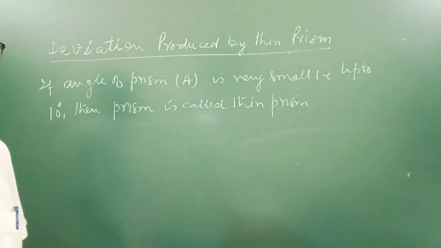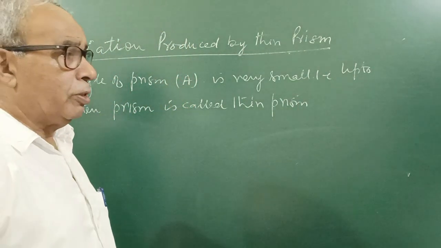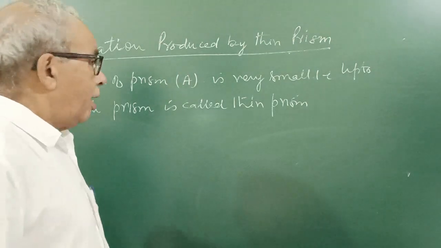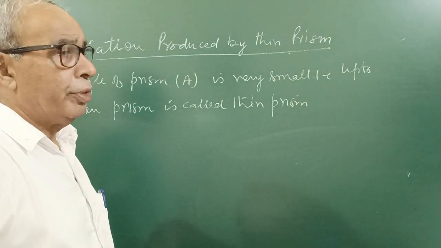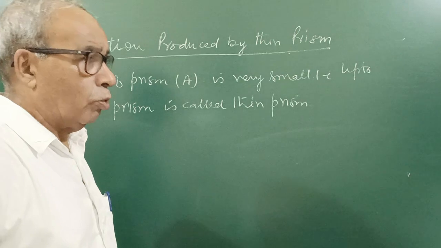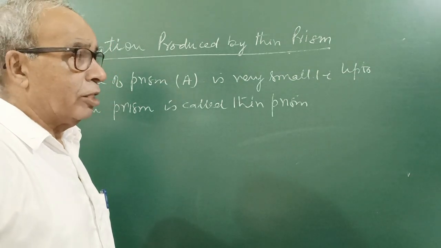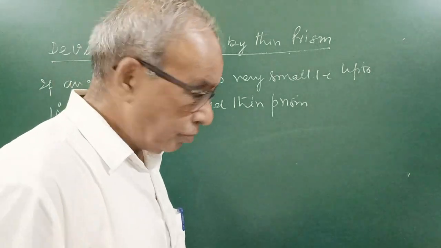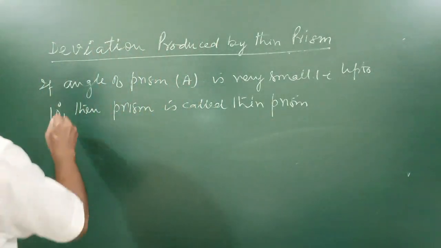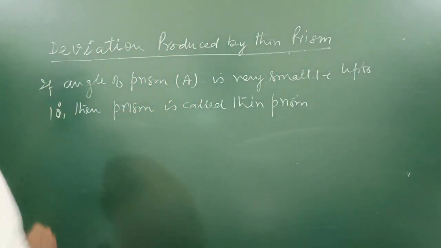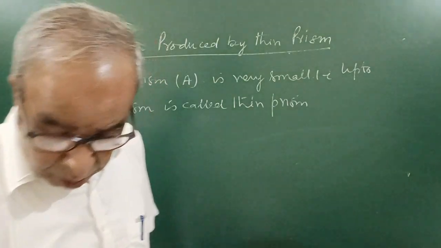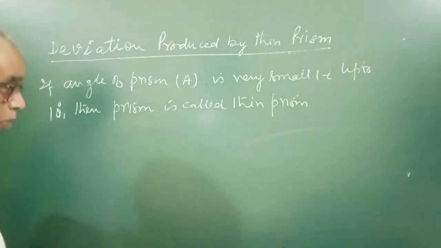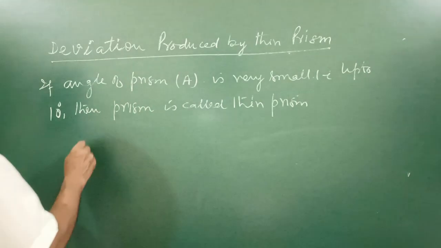Angle A small, so thin prism. I have told you when theta tends to 0, sin theta equal to theta, tan theta equal to theta, cos theta equal to 1, and this approximation is true up to 10 to 15 degree, and that is why we need this here.